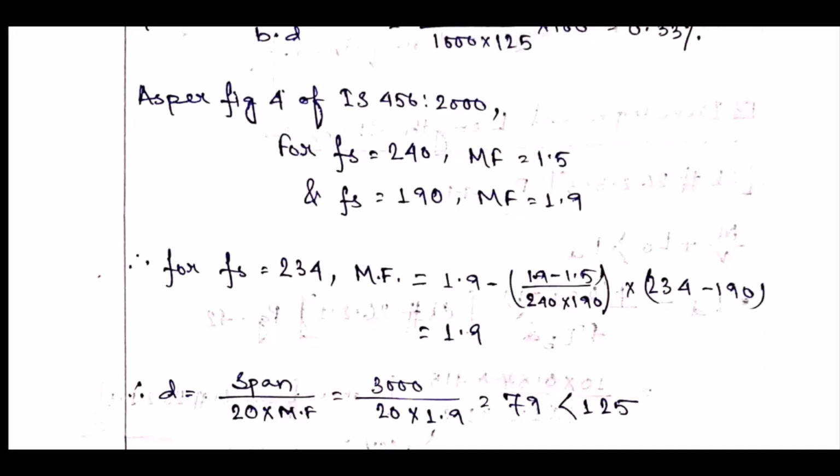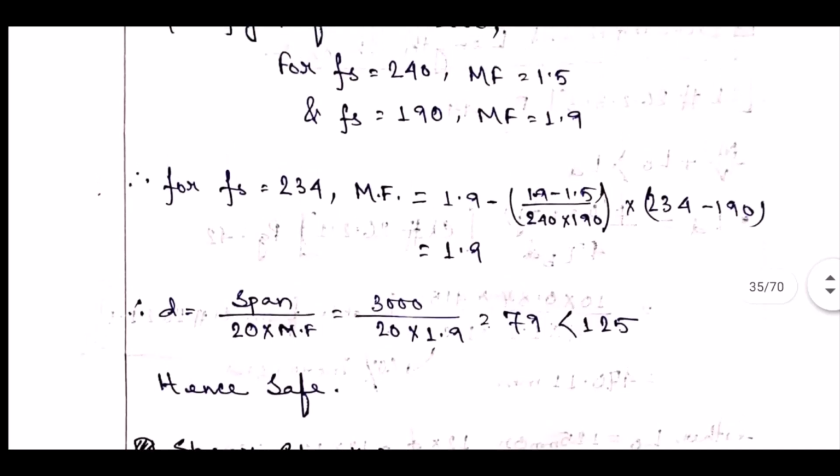So the basic value is 20 multiplied by the modification factor we found, that is 1.9. So this is equal to 75. So the required depth is 79 to resist deflection, but the value we have already considered is greater than that, that is 125 mm. So this is safe in deflection.